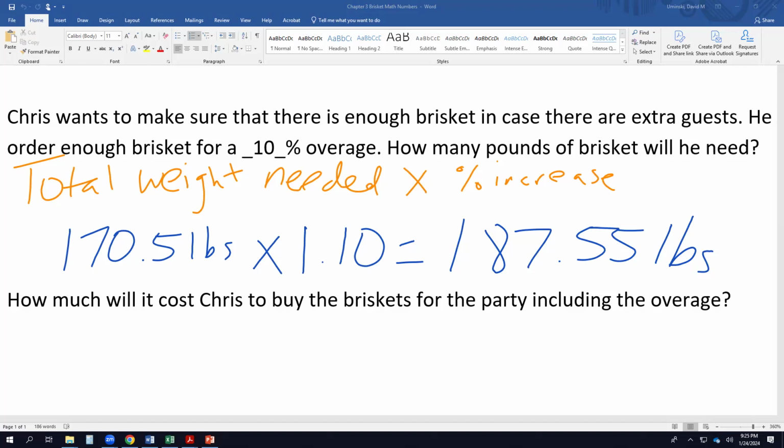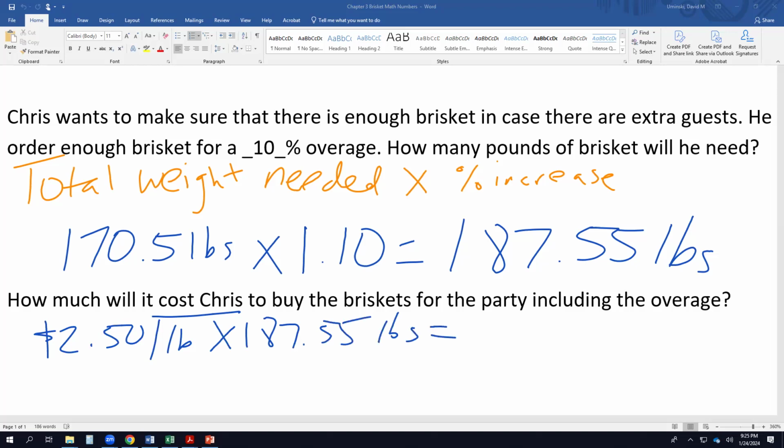That's also really helpful. And then the last thing is, how much will it cost to buy the brisket for the whole party, including the overage? So again, we just go back to our $2.50 per pound. We repeat what's in question number 6 times the 187.55. $468.88.